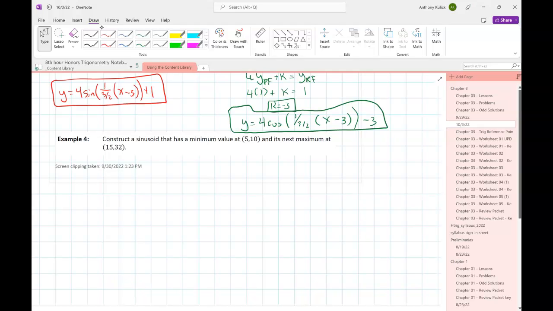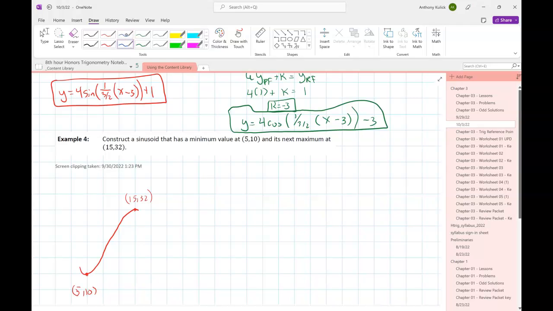Well, I would suggest here starting by drawing a picture. So we have that much of the graph, right? Everybody agree with that?